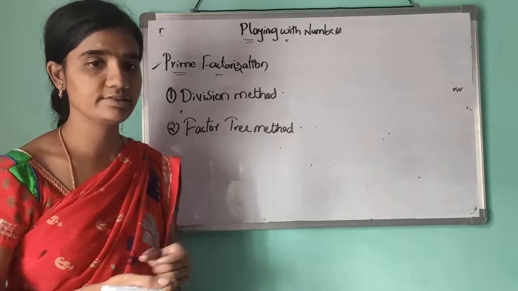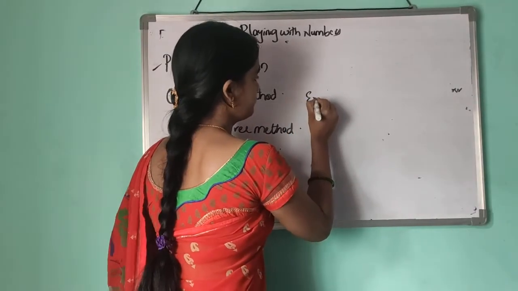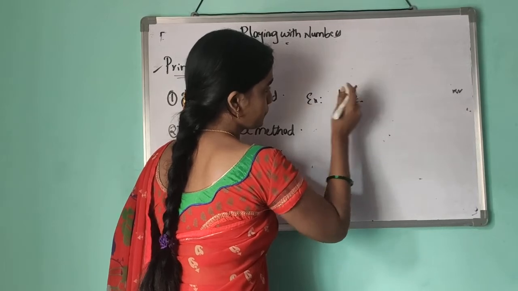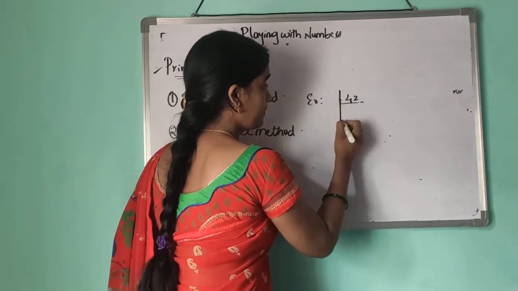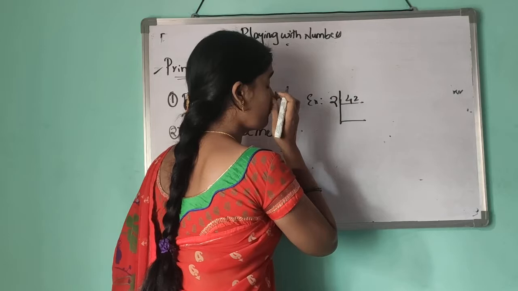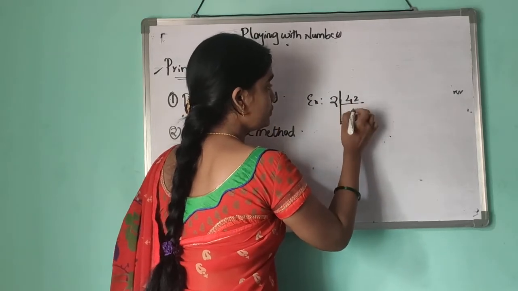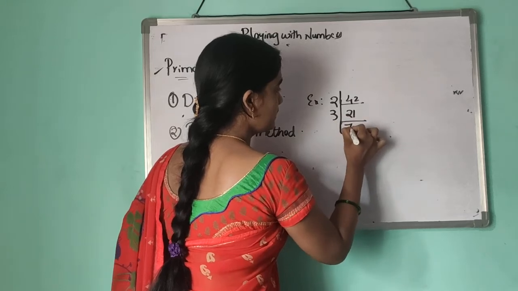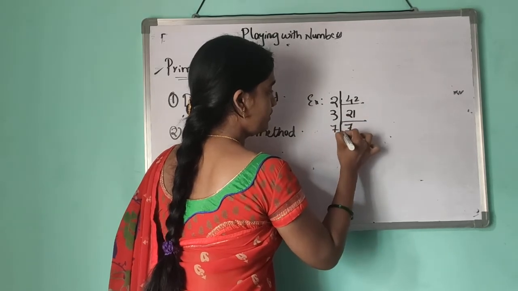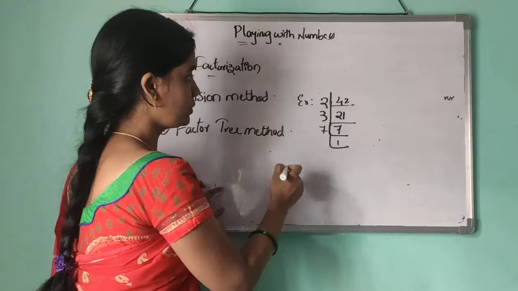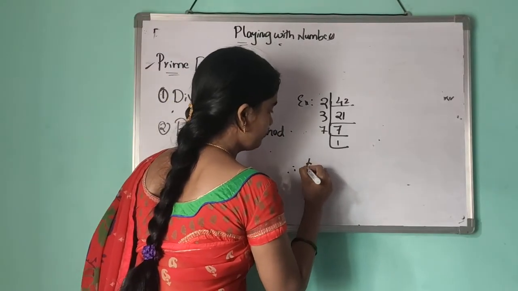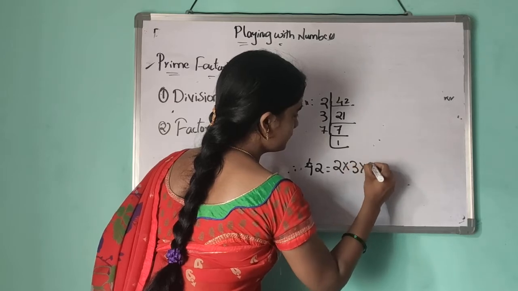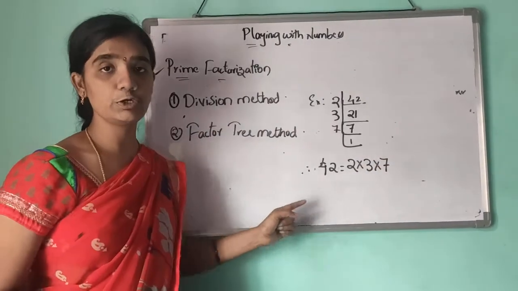Here I am taking the example 42. 42 is divided by 2. Find the factors. 2 21s are 42, 3 7s are 21, 7 1s are 7. So here 42 is equal to 2 into 3 into 7.